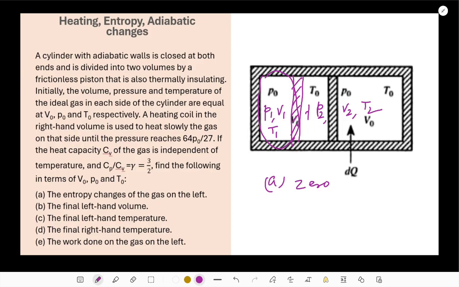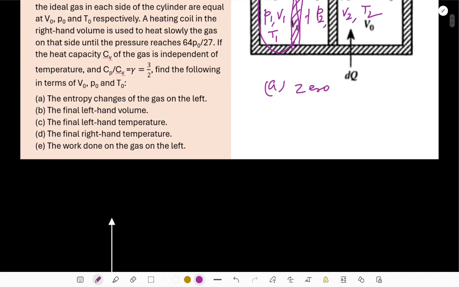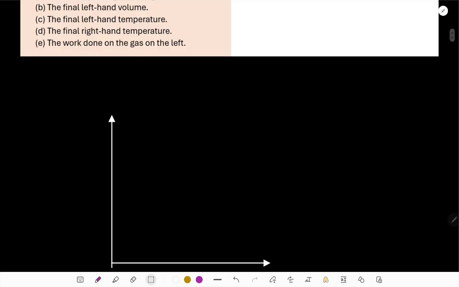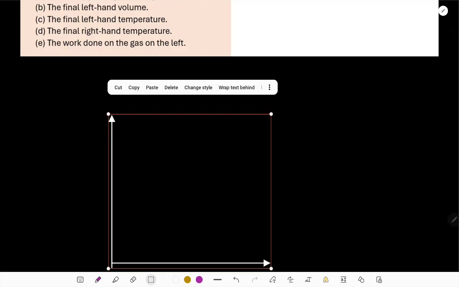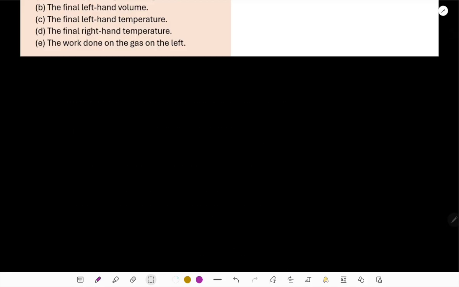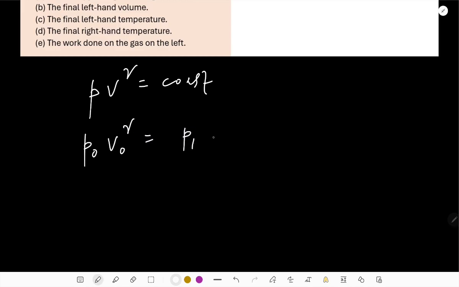And that means we can write the equations like this. For initial pressure, we can use PV^gamma equals constant, the adiabatic equation, and we can write simply P0 V0^gamma equal to P1 V1^gamma.